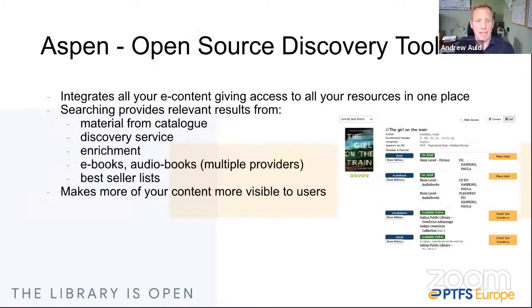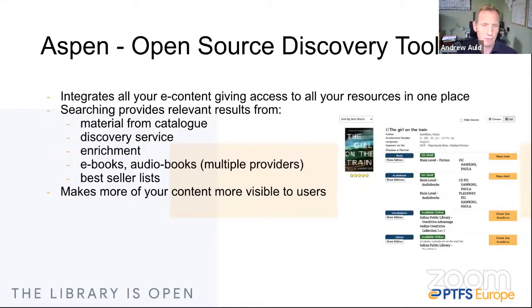In essence, it's a discovery tool that integrates all of your e-content and provides access to your catalog content as well, all in one place. And the real goal of that is to make your content of all types more visible to users.